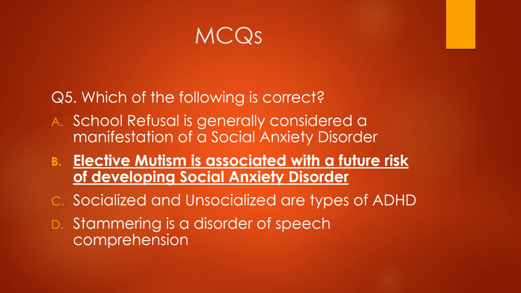A is false because school refusal is generally considered a manifestation of separation anxiety disorder. C is false because socialized and unsocialized are types of conduct disorder. And D is false because stammering is a disorder of speech fluency.